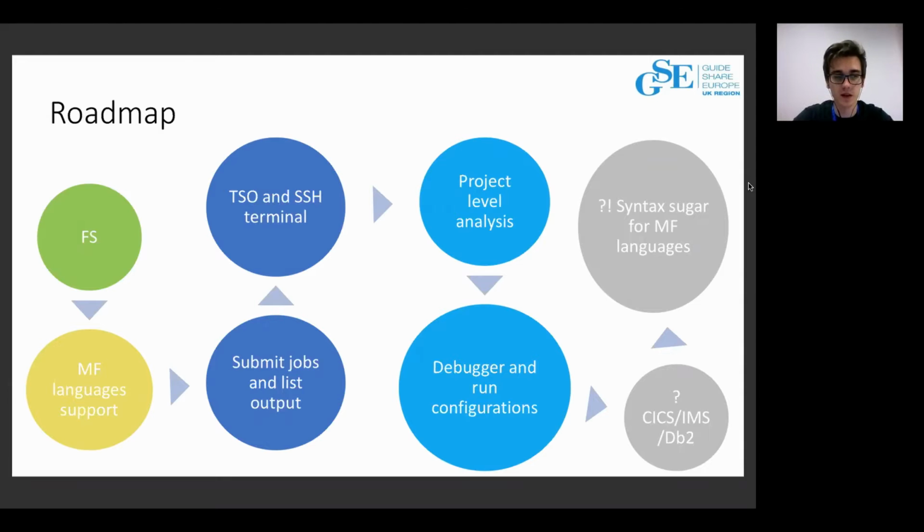Syntax sugar means that we will take, for example, one high-level language like JavaScript, and a developer who has never worked with mainframe can come to the mainframe. He can write code in JavaScript, and then it will be translated into a mainframe language, for example Rex.